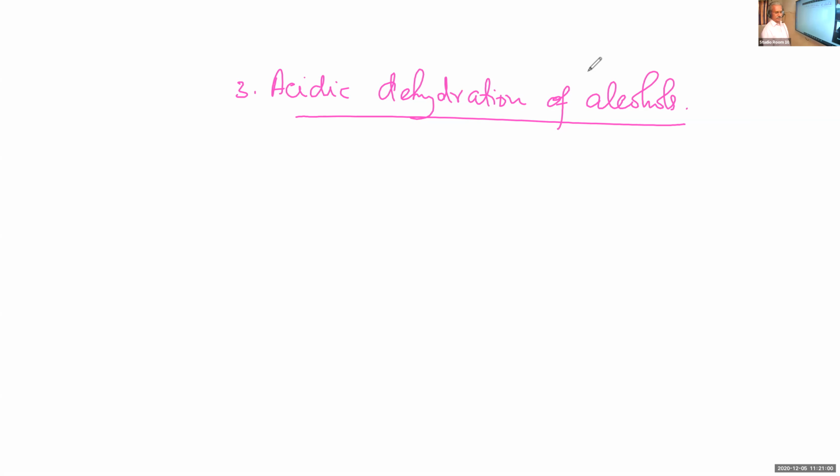So we can say when alcohols are heated with concentrated sulfuric acid, there is a dehydration, removal of water, with the formation of alkenes. Let us take one example: CH3CH2OH, an alcohol, the functional group is the OH group.